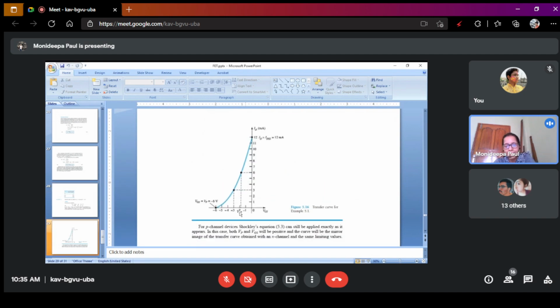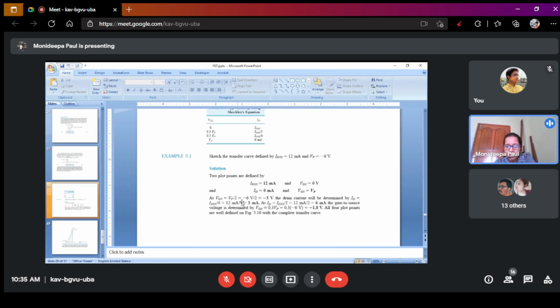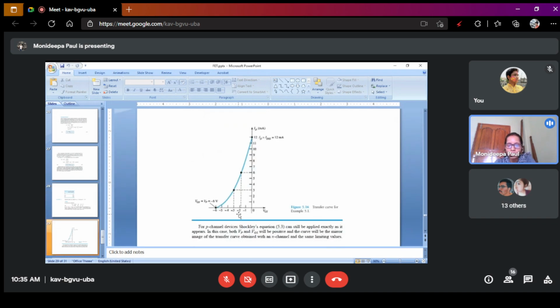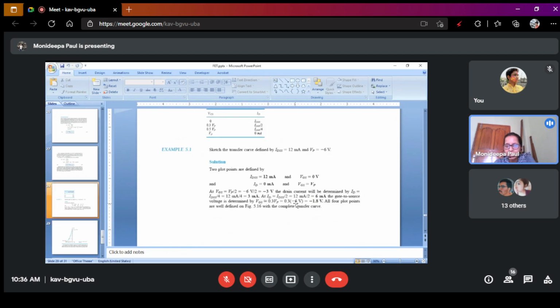Then you draw the x-axis and the y-axis. The x-axis represents VGS, the y-axis represents ID. From the assumptions, when VGS is equal to minus 3 volt, ID is equal to 3 milliampere. When VGS is equal to minus 1.8 volt, ID is equal to 6 milliampere.